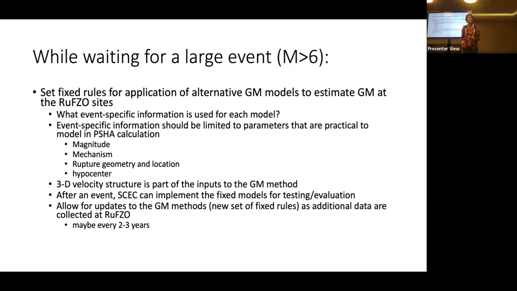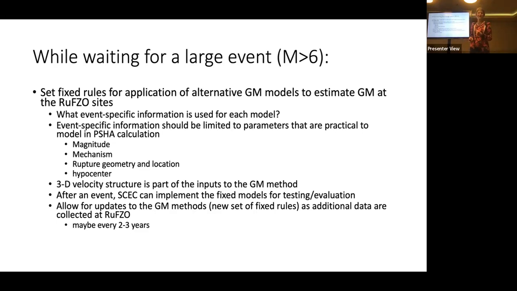During that time, we can be working on coming up with the rules for applying the ground motion models to estimate. If you don't make the rules in advance, it's really easy after the fact. Once you know the answer, it's way easier to get the answer when you know what the right one is. We've all had that experience.